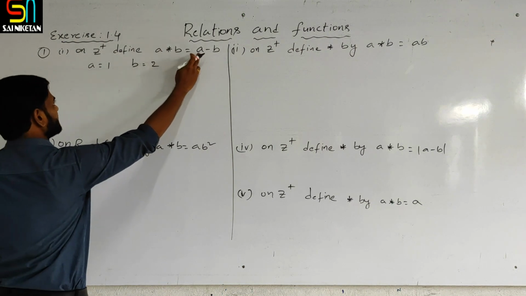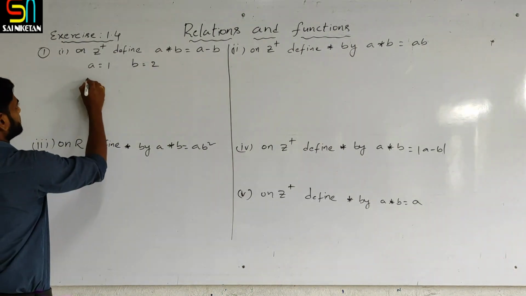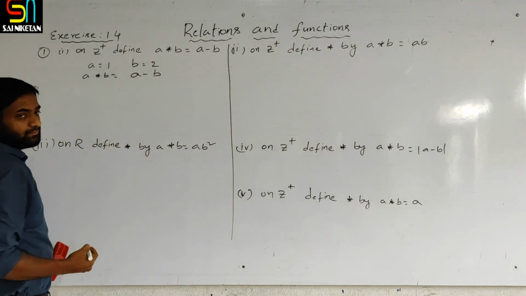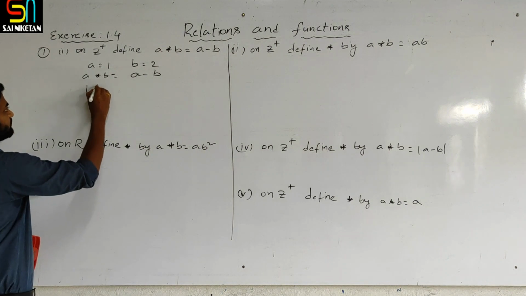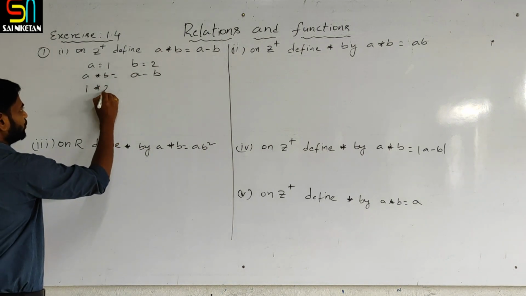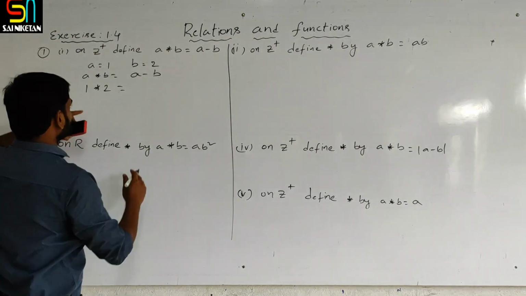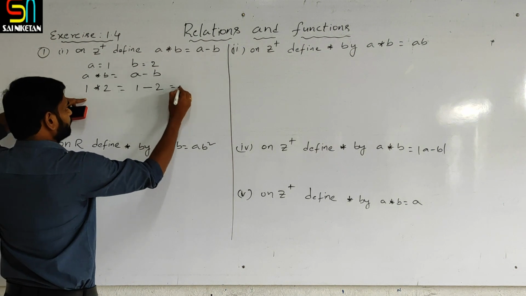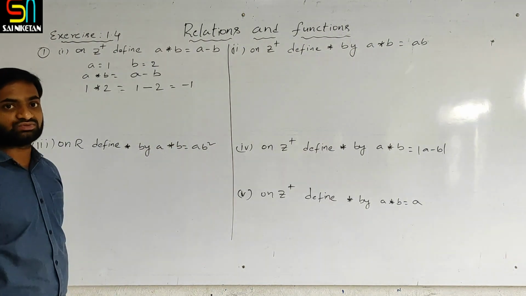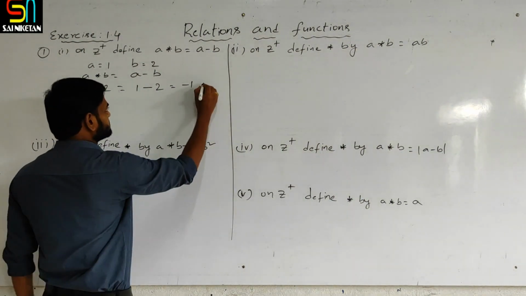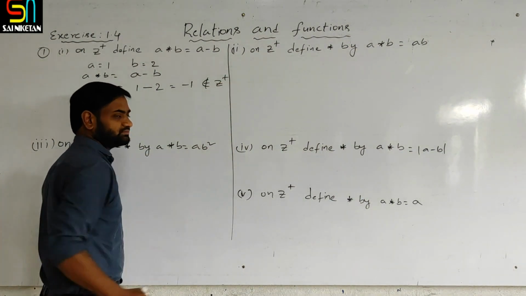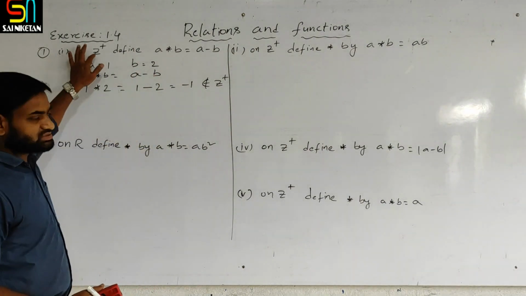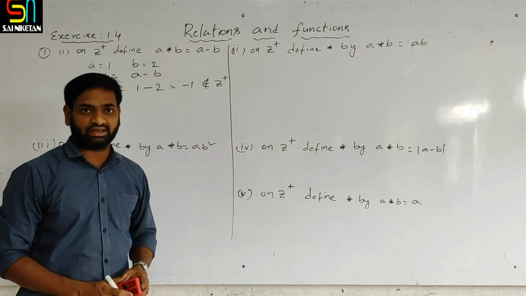That is A star B is A minus B. A value is 1, B value is 2. So 1 minus 2 is minus 1. Now this minus 1 does not belong to Z plus. When it does not belong to the set, that is not binary operation.